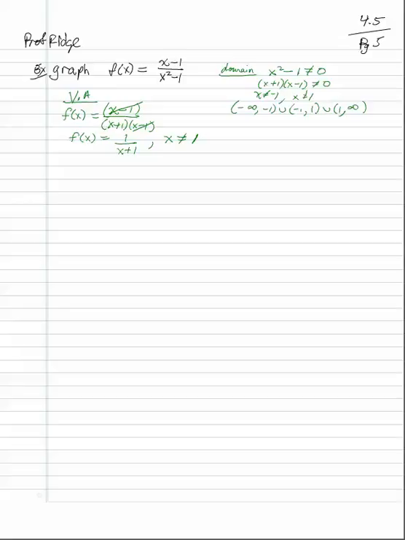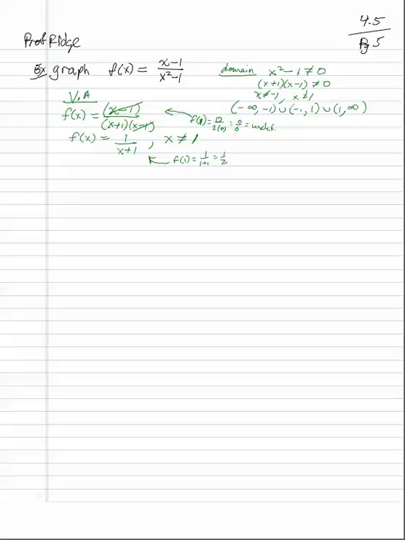We canceled out x minus 1. If you plug 1 into this reduced function, it's 1 over 1 plus 1, which is 1/2. But if you plugged 1 into the original, f of 1, you would get 0 over 2 times 0, which is 0 over 0, which is undefined. So that's why you have to make note of that.